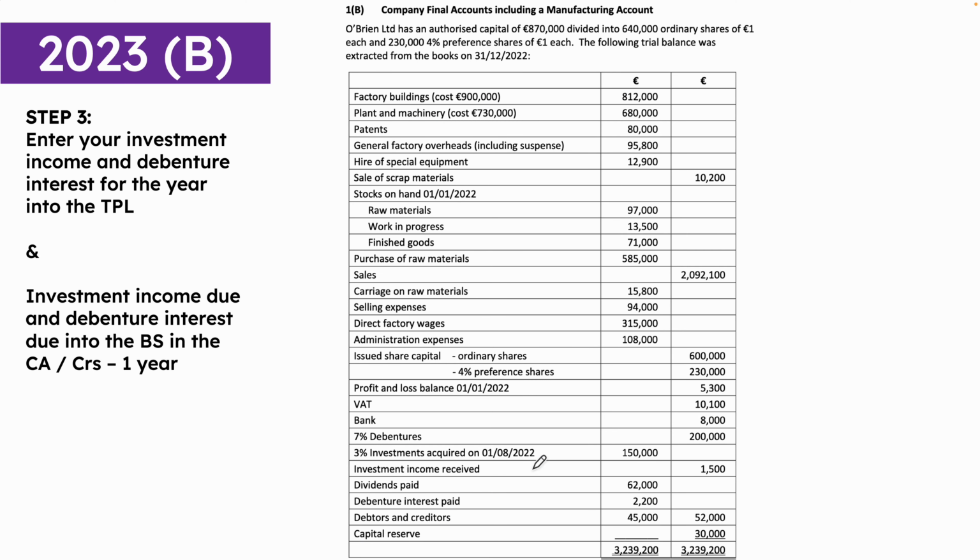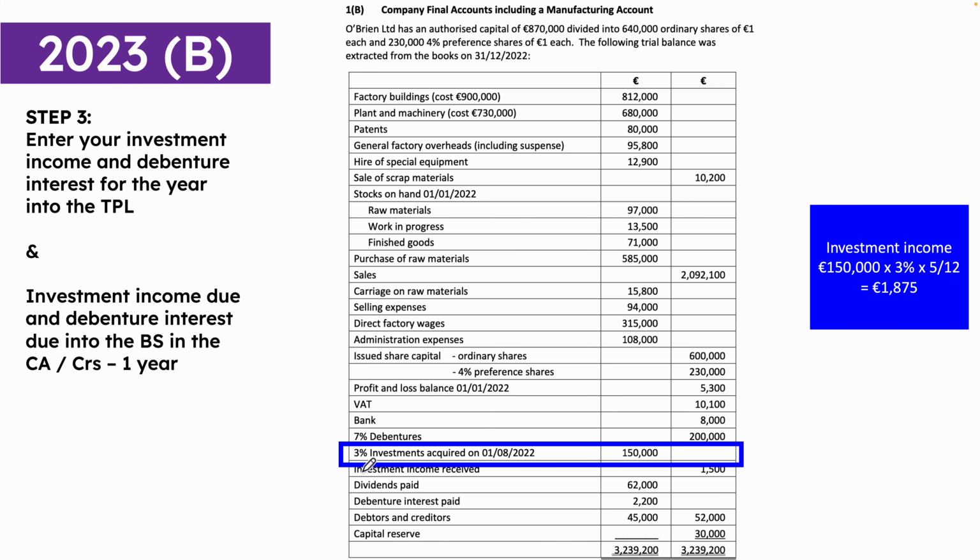Okay, so that is very important to get right, because it happens in every other question in section 2 as well. So you need to get into the habit of just calculating your investment income and debenture interest due. Okay, so the investments, we have 3% investments acquired on the 1st of the 8th. So we had them for the whole month of the 8th, we had them for the 9th, the 10th, the 11th, the 12th.